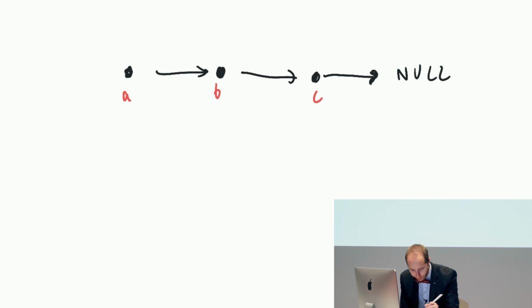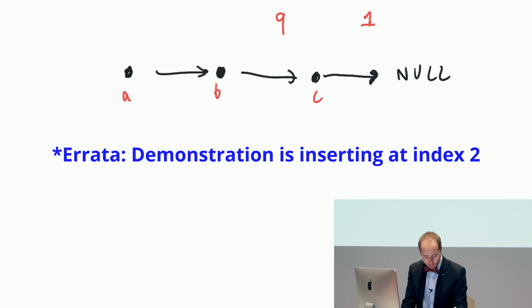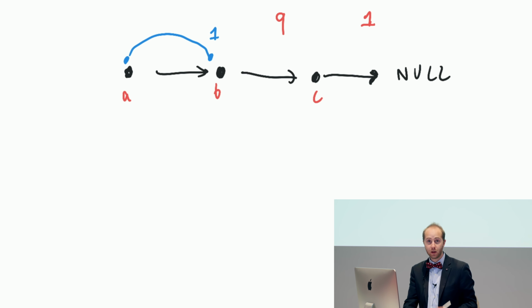And let's say we want to add Q, but we want to add Q between B and C. So in order to add Q between B and C, first we have to navigate to B. So we follow along our links until we get to B, and we say that we want to insert it at index 1. So we have a counter, we start here, our counter is at 0, we go here, our counter's at 1. Now we're at element B.